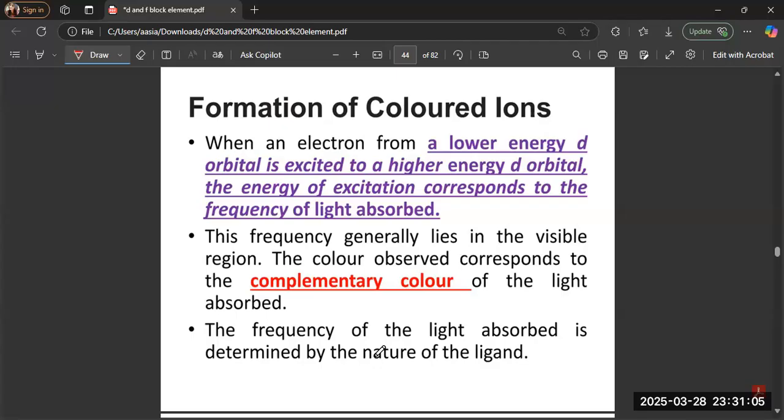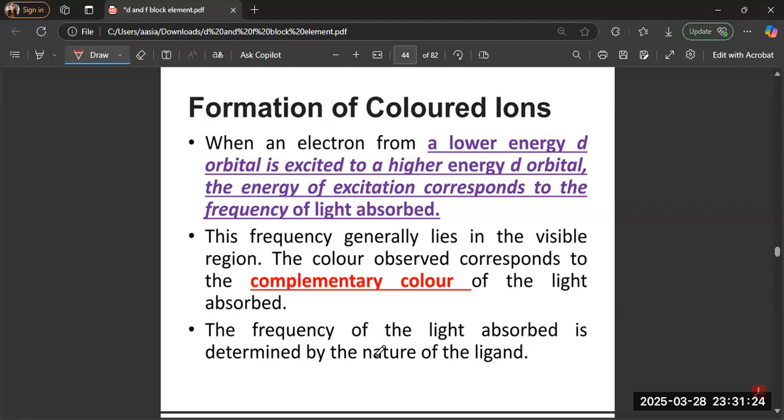So some ions will form colored compounds. I'm repeating: when an electron excites from a low energy to a high energy level, the energy of excitation corresponds to the frequency of light absorbed.